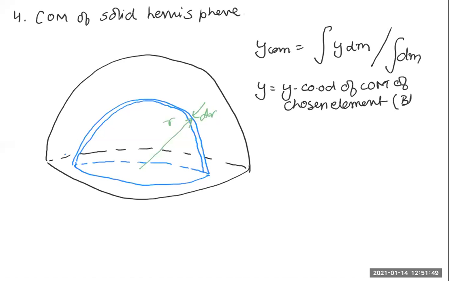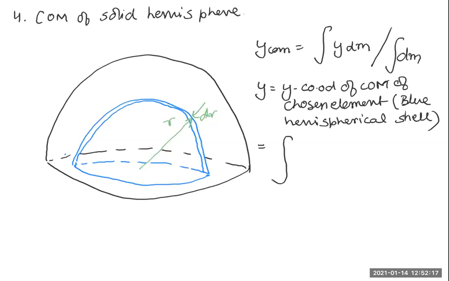In this case, it is the blue hemispherical shell. So this will be equal to integral of the location of the center of mass of a hemispherical shell. What is the location of it?